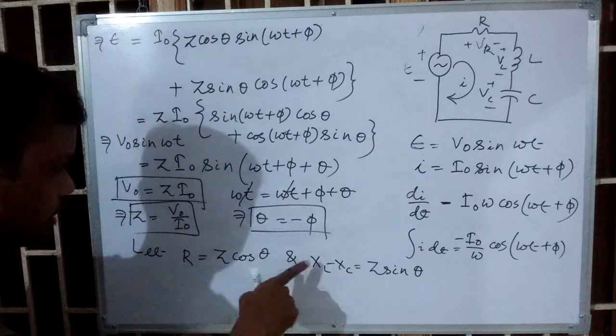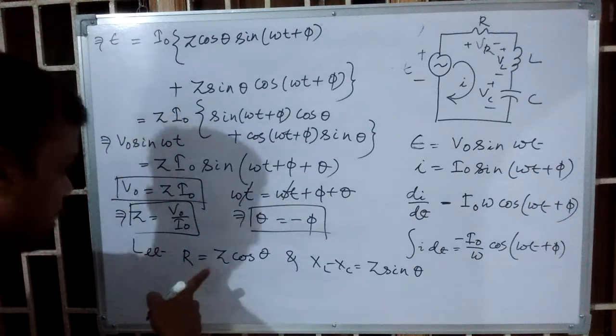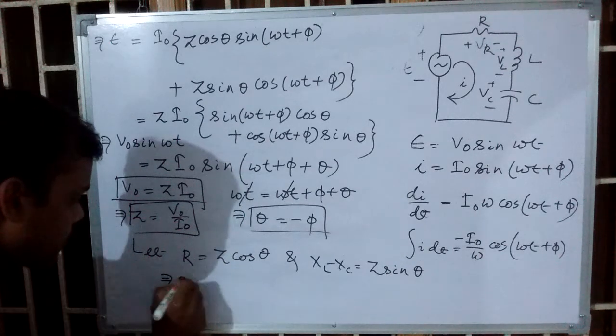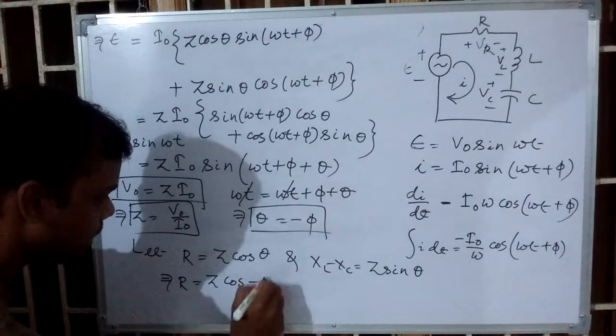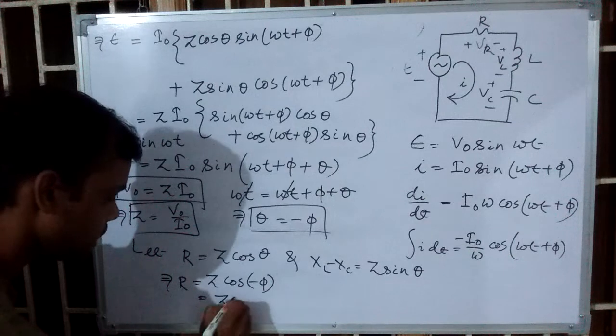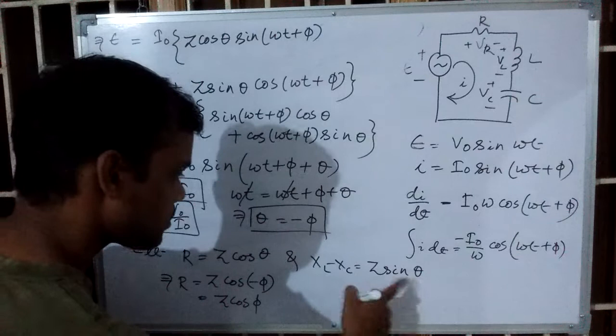Then here you look here that theta is minus phi, so I will put R is equal to Z cos minus phi. Cos of minus phi is plus phi, so Z cos phi. Now what is this value?